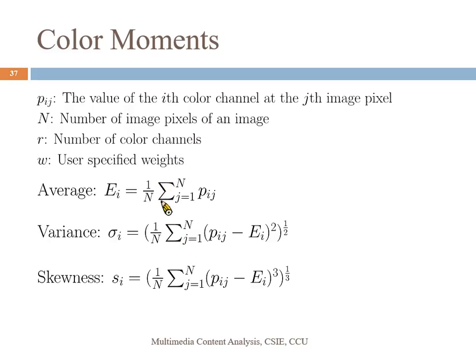Here are the formulas to calculate the average, variance, and skewness. Average is the first color moment, variance is the second color moment, and skewness is the third color moment. These are all based on simple calculations taught in statistics.